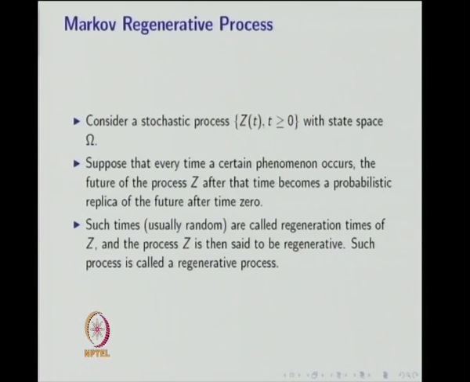Now, we are moving into the second part of lecture 3, that is the Markov regenerative process. Consider a stochastic process Z(t) with the state space omega. Suppose that every time a certain phenomenon occurs, the future of the process Z(t) after that time becomes a probabilistic replica of the future after time 0.